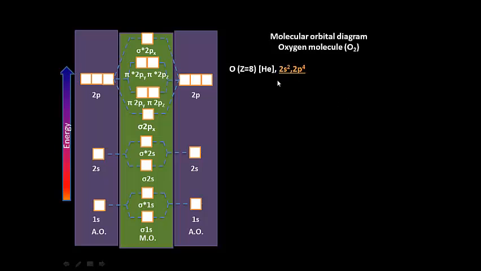The electrons in one oxygen atom we can arrange as 1s2, 2s2, 2p4. Similarly, in the other oxygen atom, they can be arranged as 1s2, 2s2 and 2p4. In these molecular orbitals, we need to fill the electrons from the atomic orbitals. So in sigma 1s and sigma star 1s, we have a total of 4 electrons from the two 1s orbitals.